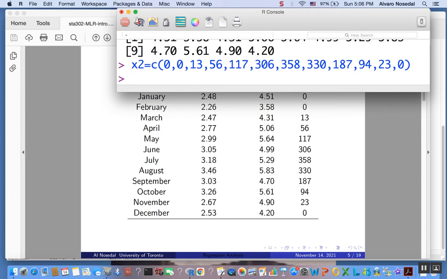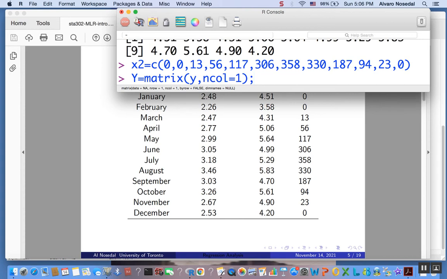So first, since we want to check our matrix formulas work, let me turn our data into matrices, right? So just to make sure, since we are going to be doing matrix multiplications, and in some cases we're going to be trying and finding inverses and so on, let's make sure that R knows that Y, that vector, is a vector, right?